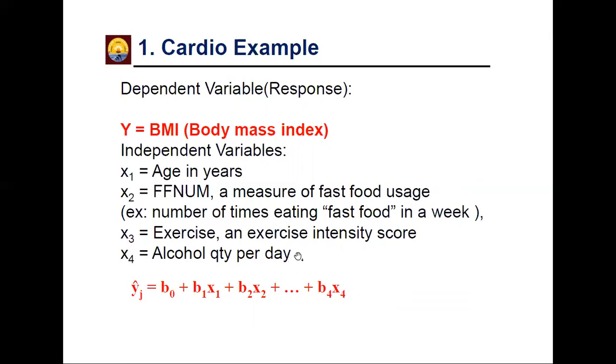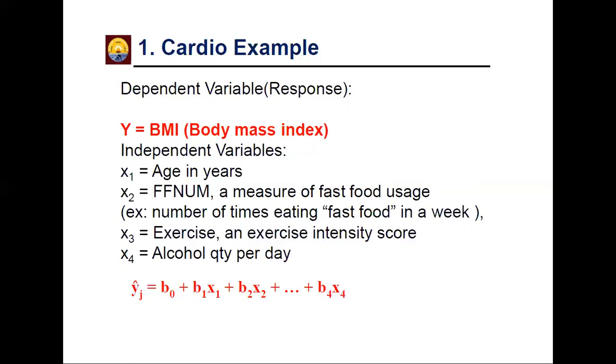Okay. Now the question is, is body mass index or body fat influenced by which variable, either X1 or X2 or X3, X4? How can you find out? The multivariate regression analysis, by analyzing the data with the help of SPSS, will give you an idea whether body mass index or body fat depends on age, on fast food usage in a week, on exercise intensity score, or on taking alcohol.